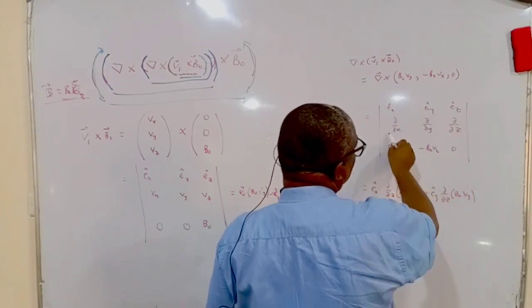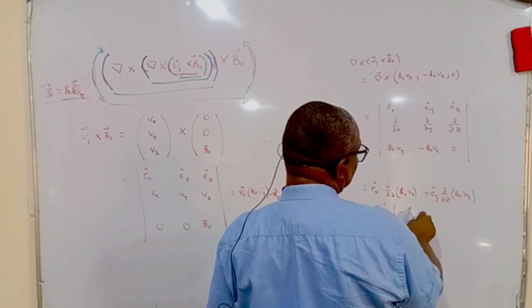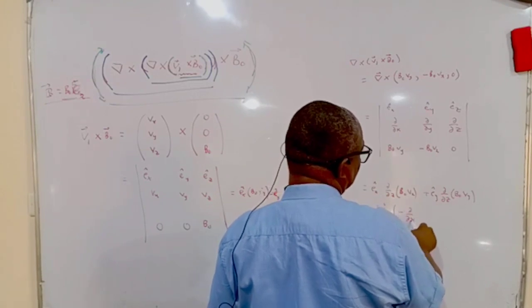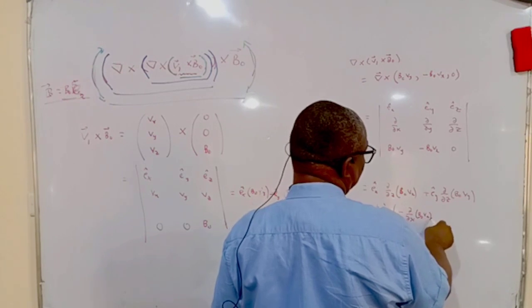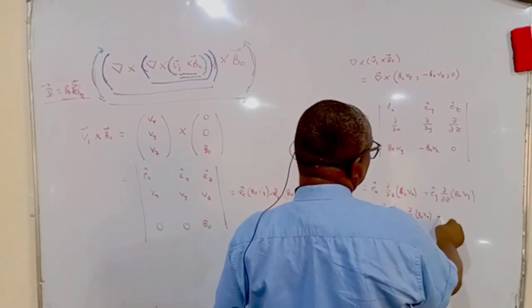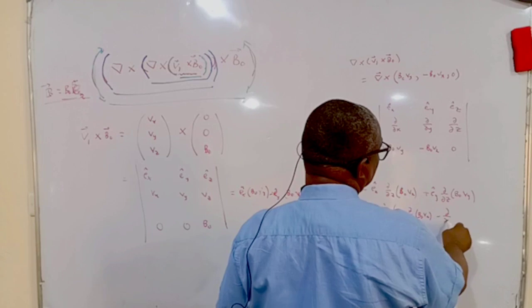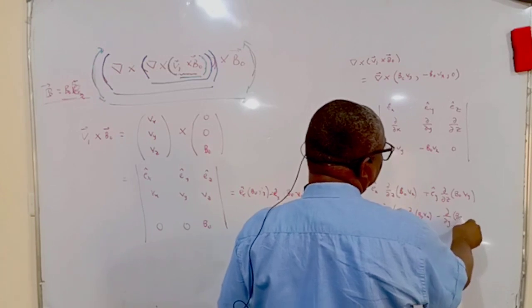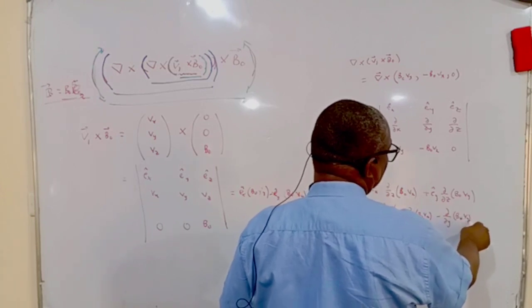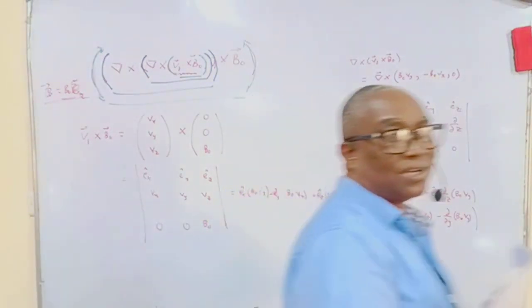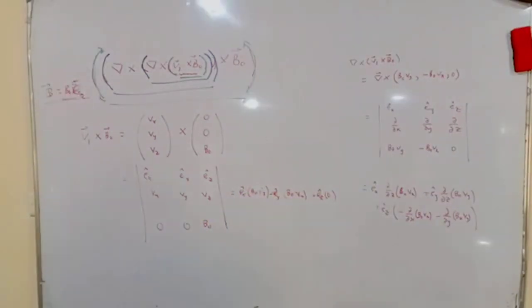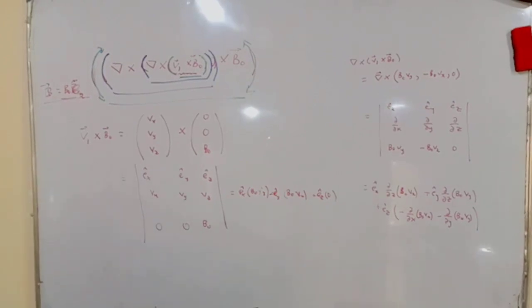So I'm going to have minus partial by partial X of B0 V of X minus partial by partial Y of B0 V of Y. So this is what you will have here. Is that okay? So you see, now we have obtained that.